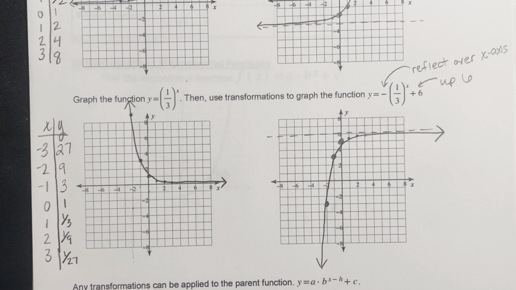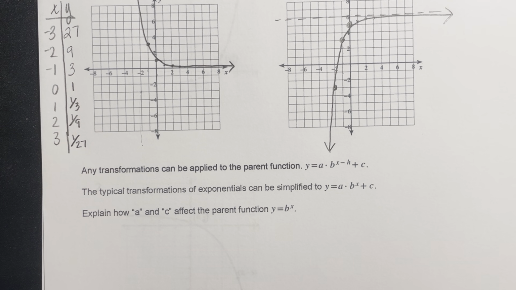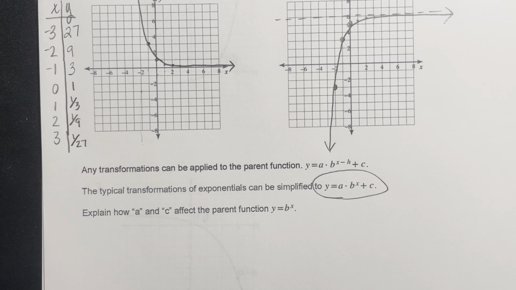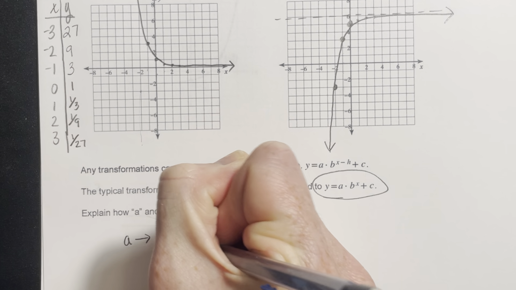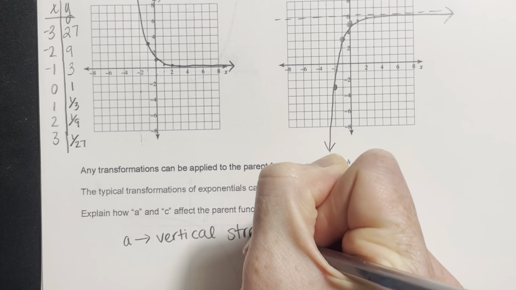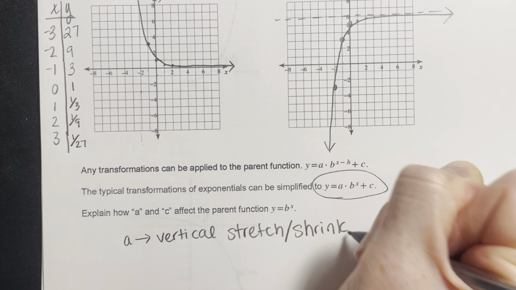All of these transformations that we typically see can be summarized into y equals a times b to the x power plus c. A is a vertical stretch or shrink. We've seen that happen a lot.